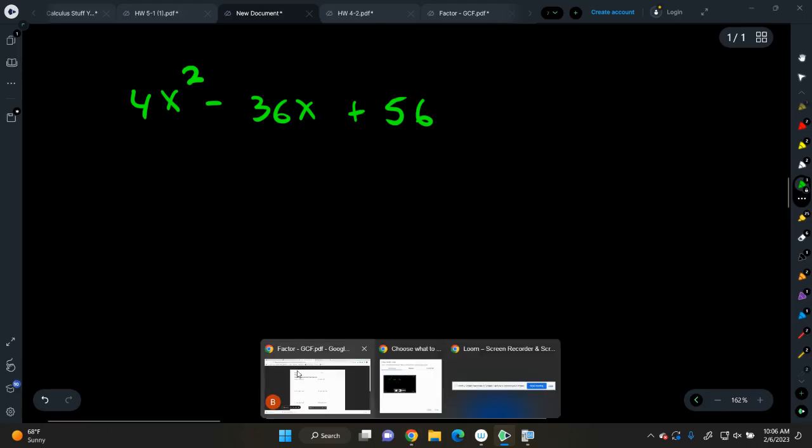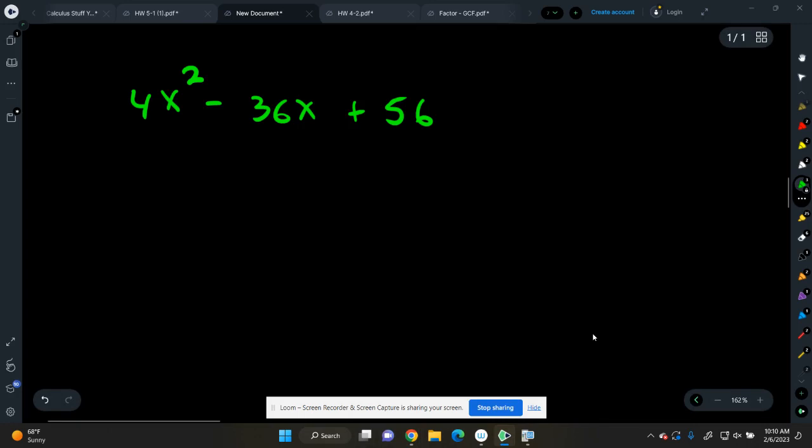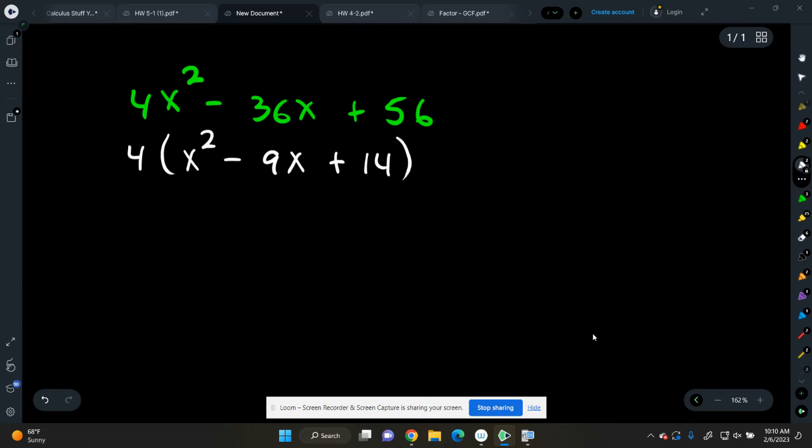What's the greatest common factor that you took out? 4, good. So we've got x squared minus 9x plus 14.